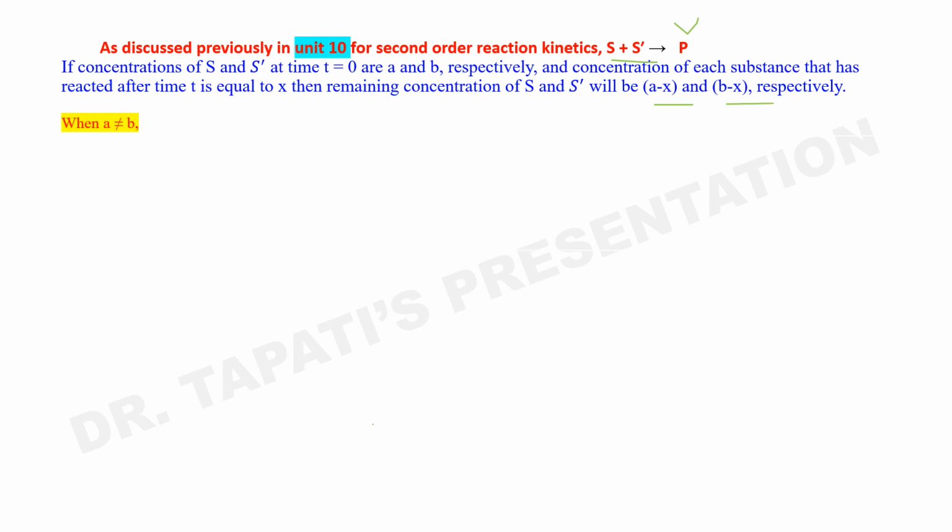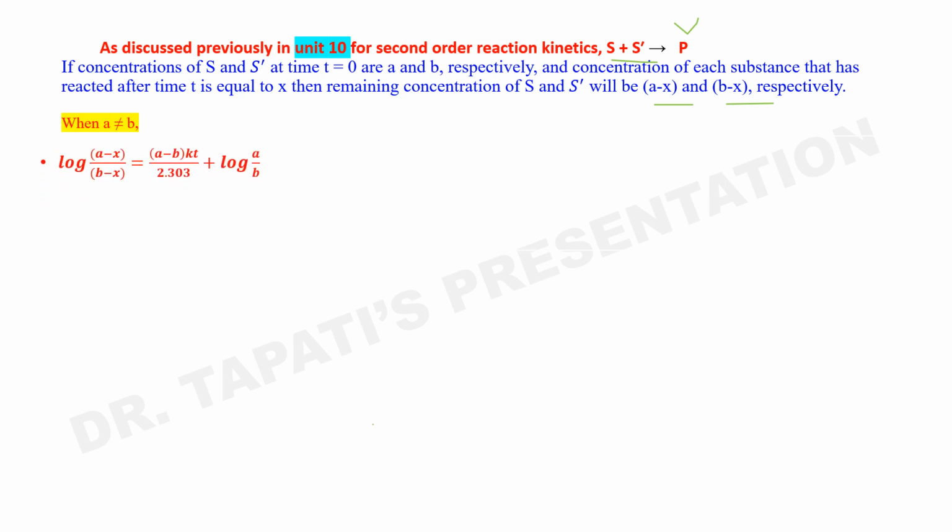So initial concentrations are a and b, whereas final concentrations are a minus x and b minus x.